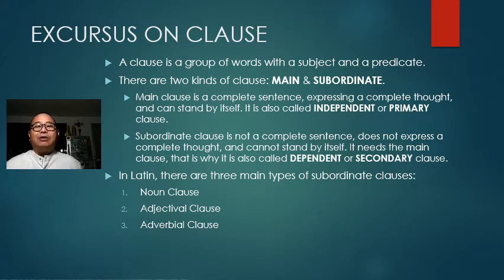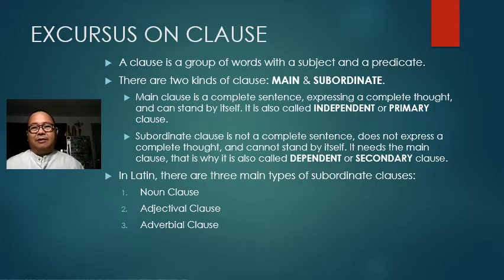Now, there are two kinds of clause: main clause and subordinate clause. What is the difference between the two? I mentioned it earlier. The main clause is a complete sentence. Why? Because it expresses a complete thought and it can stand by itself.